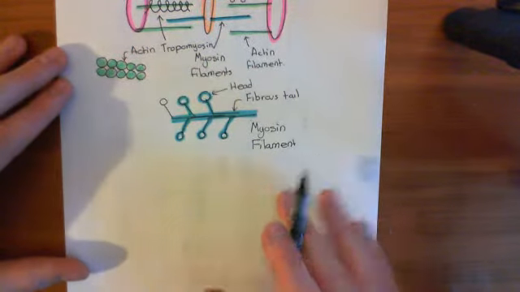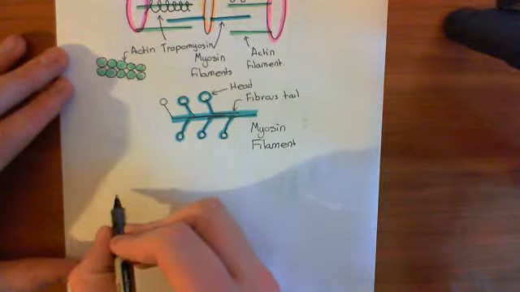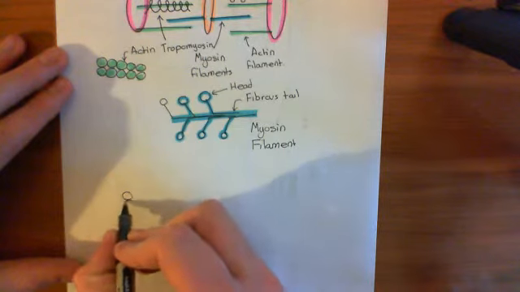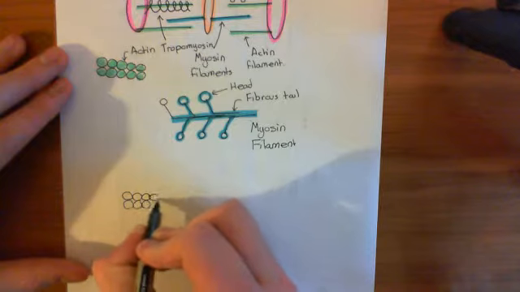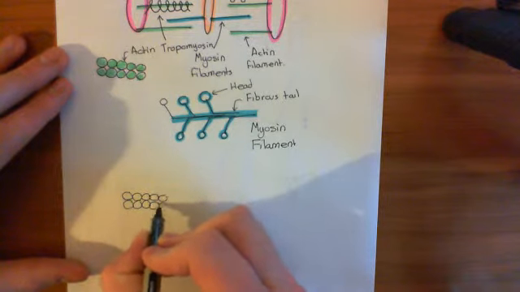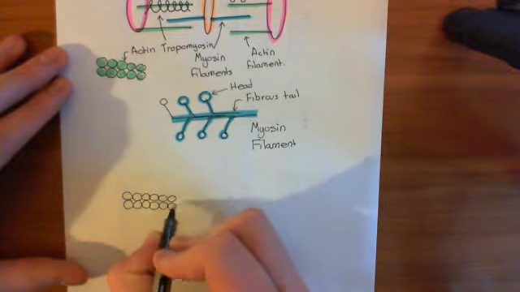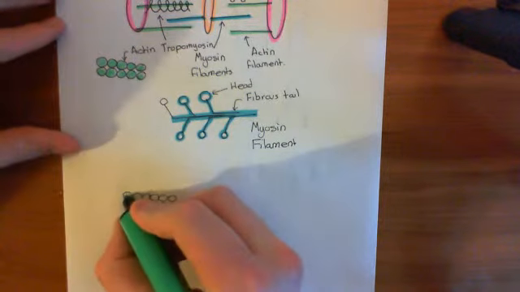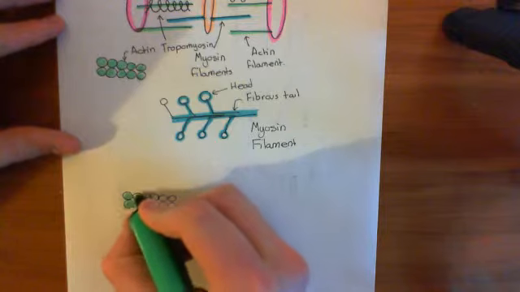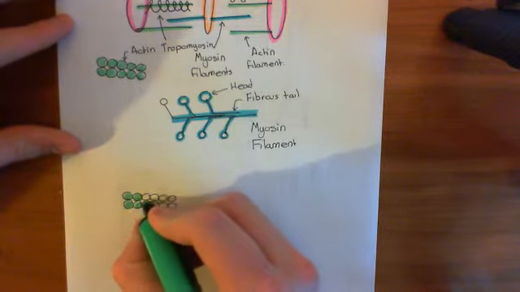So, basically, let me show this. If we have our actin filament here, these are actin proteins all polymerized together to form a long actin strand, and I will show them in green as we've previously used that convention.